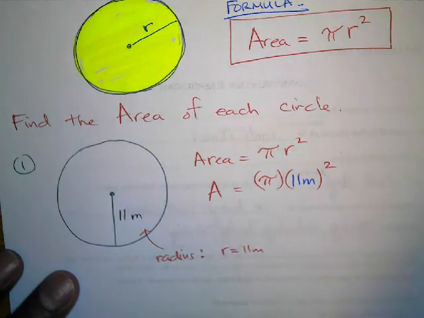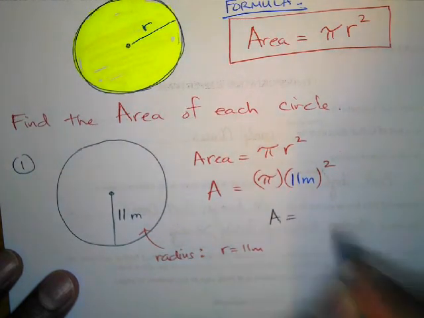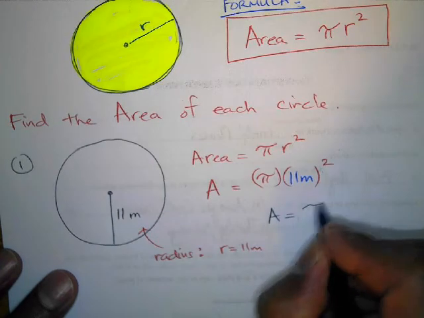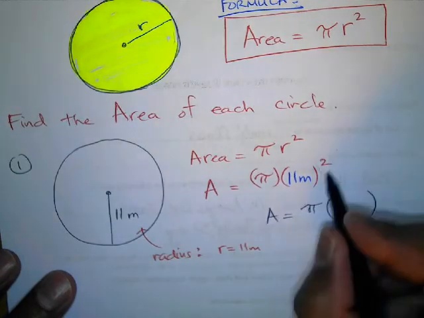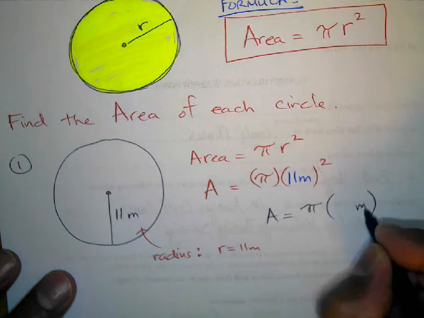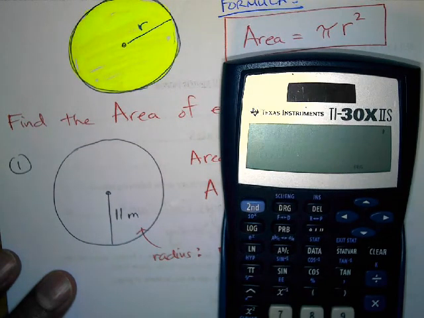And now we're going to get A is equal to pi times, how much is 11? Now look at the units. When you square m, you get m squared. So remember that. And then just do 11 squared.